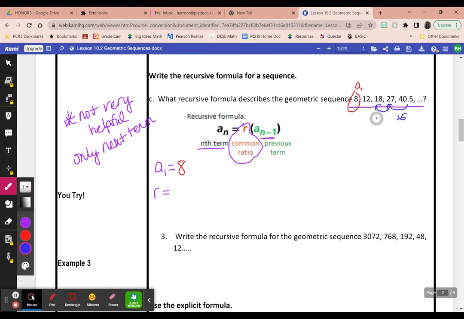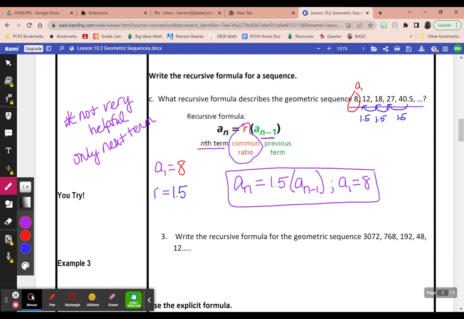Okay, 27 divided by 18 is 1.5, and so forth. If I tell you that it's a sequence for sure, you probably only have to do that one time. If you're checking to see if it's a sequence, you'll have to do it all the way through, okay? So my common ratio here is 1.5, and then I'm ready to write my recursive formula. So I've got a sub n equals my ratio, which was 1.5, times the previous term, so a sub n minus 1, and then I have to know what I'm starting at. So a sub 1 equals 8.